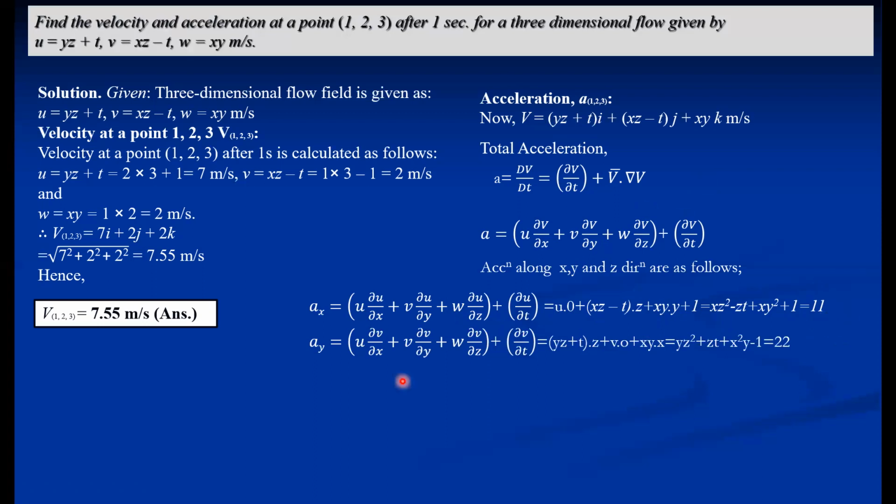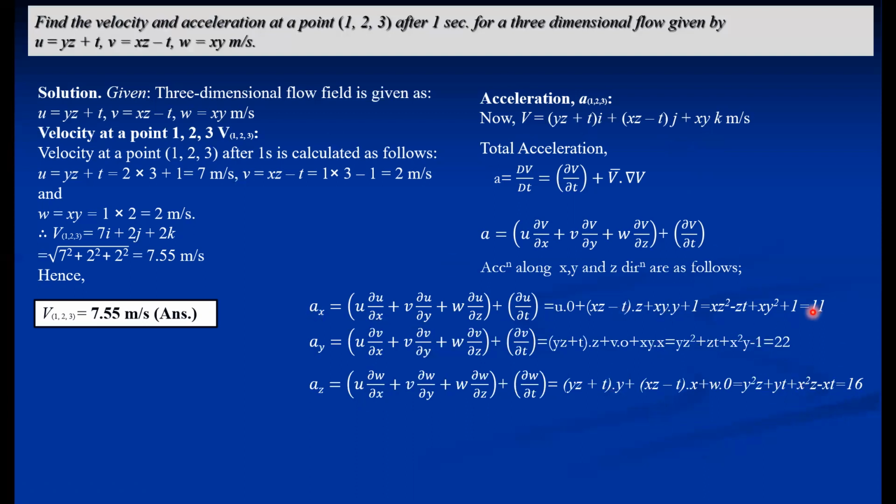Similarly, we can calculate the acceleration along the y direction by differentiating the v component with respect to x, y, z, and t. Putting the values, we get 22. For the acceleration along the z direction, similarly differentiating w, that is xy, with respect to x, y, and z, and w with respect to time as well, it comes to around 16. It is only a differentiation part that you can easily understand.